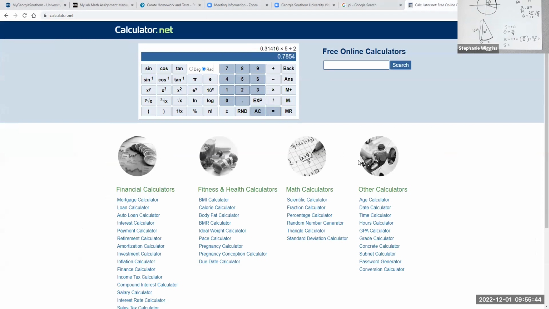So you get 0.79. That doesn't seem right. What did I do wrong? I put the wrong value for pi in. Hold on. There, 7.854. Or let's say 7.85 if you round it to inches. Okay.